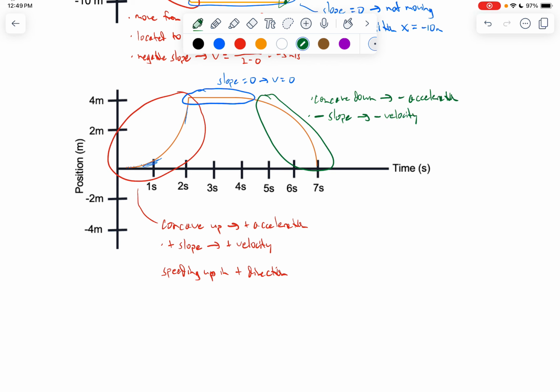So if we have a negative acceleration and negative velocity, basically what happens is we start off with a rather gradual slope at the beginning, so we have a pretty slow speed. And then when we get to the end, we have a much steeper slope, so our speed increases here. So what's happening in this case is that we are moving faster and moving in that negative direction.